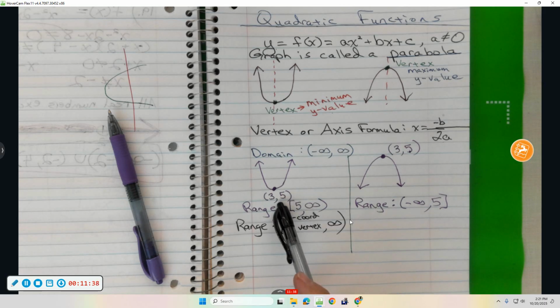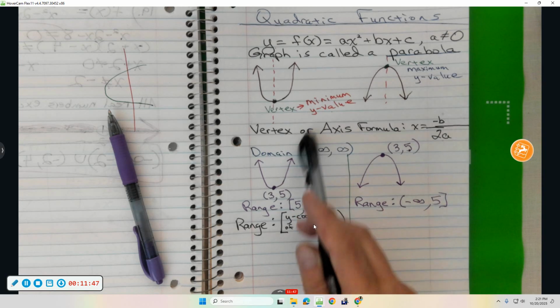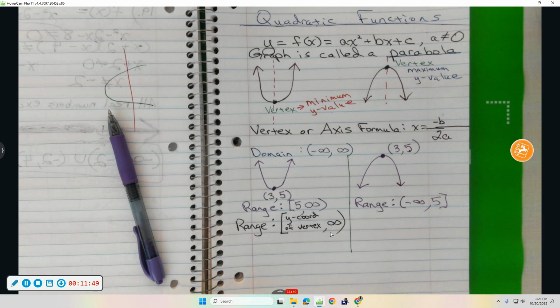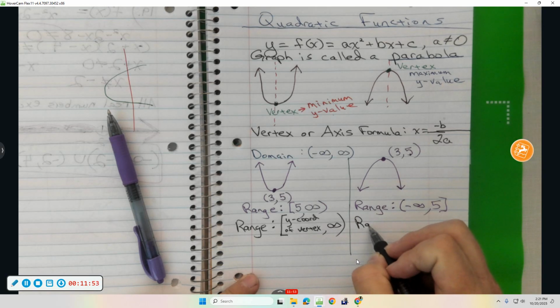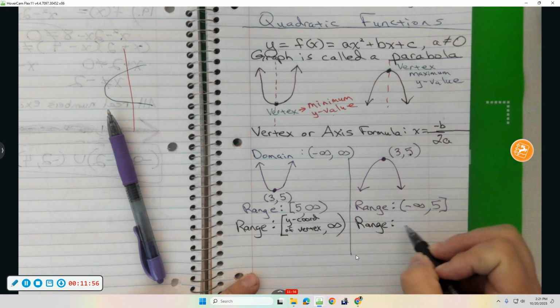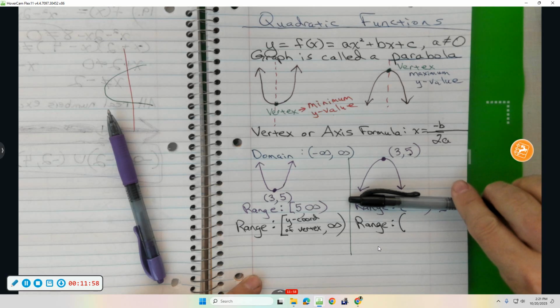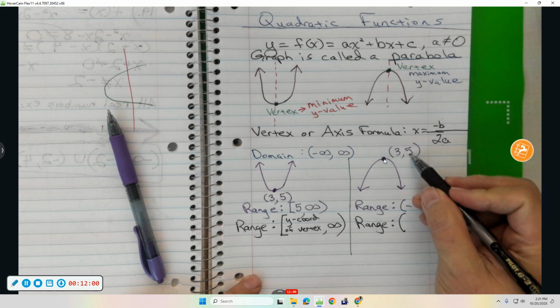You're going to have to find the vertex anyway, so you'll know what that y coordinate of the vertex is. So that's the smallest y value. Everything bigger is used after that. Here, when it's opening downward, in general, the range will be negative infinity up to whatever that number is.